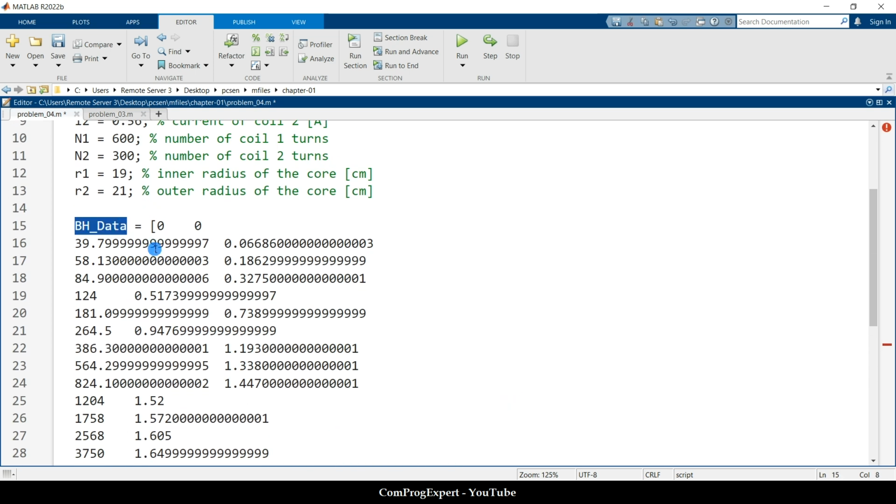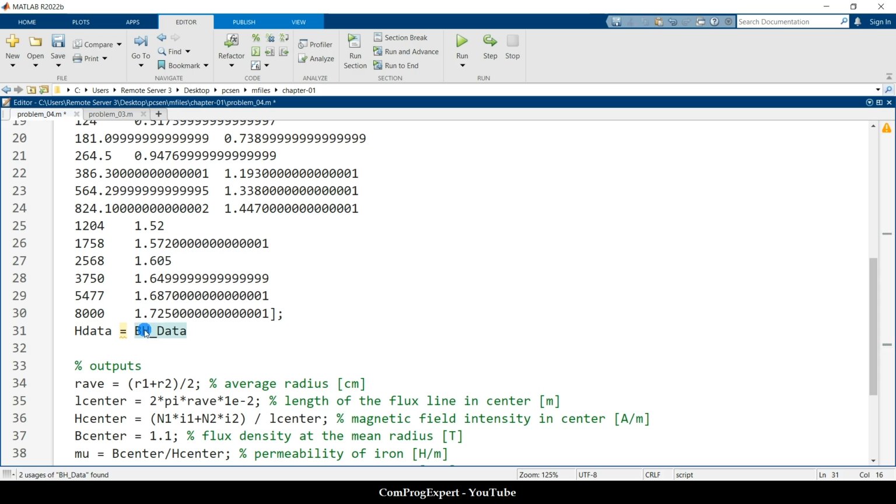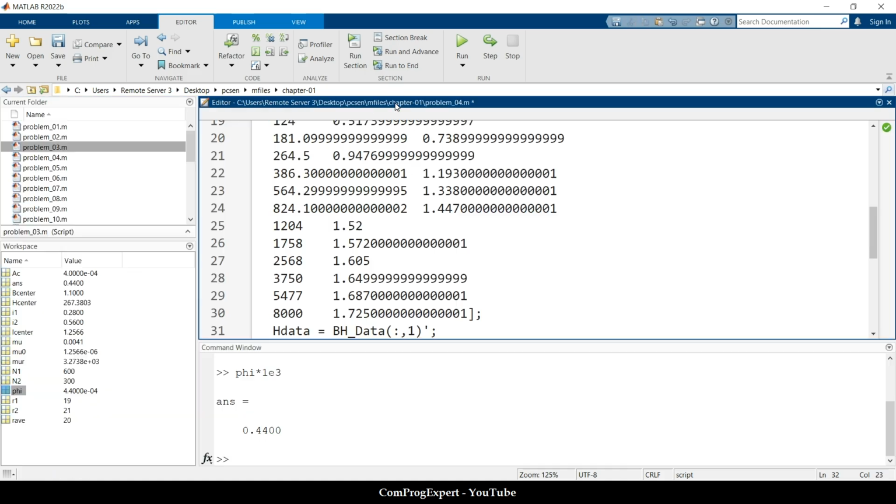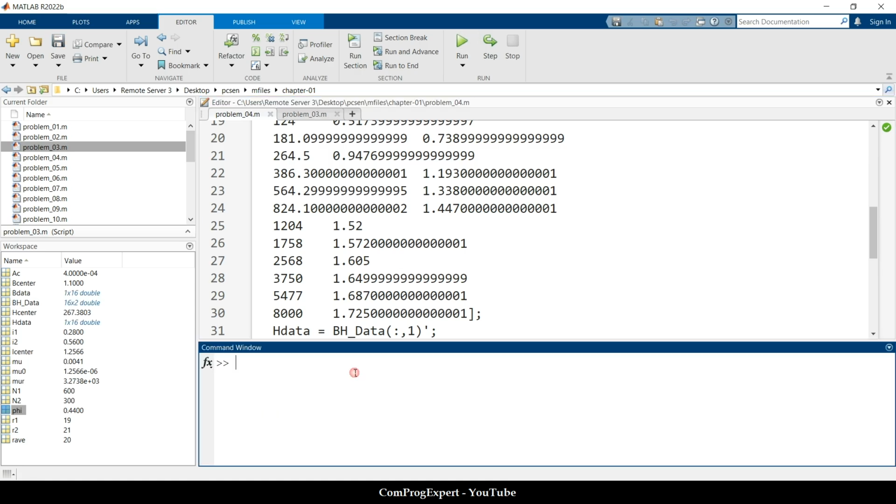We need to get the first column of this matrix: all rows and the first column, transpose. And this is for getting the second column, B data. So let me run this m file and plot H data, B data.